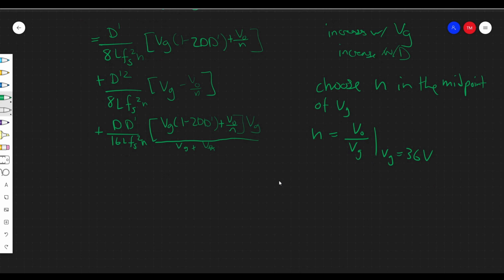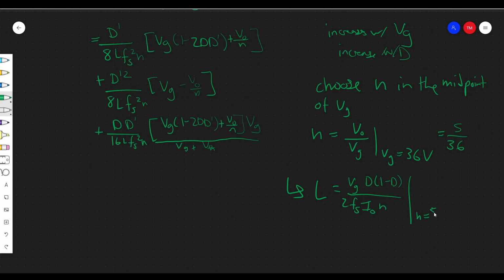And if we do this, we can choose L. For this particular case, with N equal to 5 over 36, we could say L is equal to Vg d times (1 minus d), or d prime, over 2 Fs I out n.